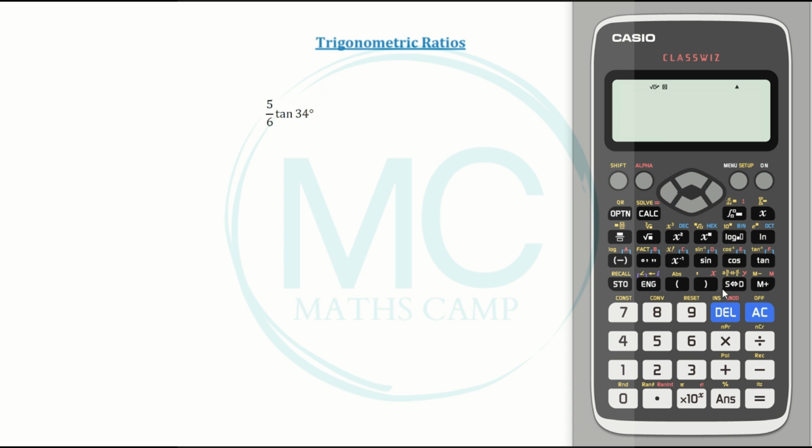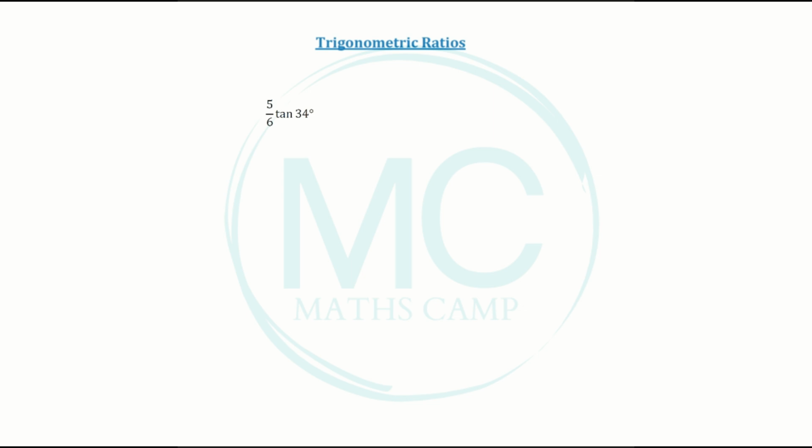Or we can say 5 divided by 6 in a bracket multiplied by tan 34. And again, we get an answer of 0,562, round off to 2 decimal places, and our final answer is 0,56.